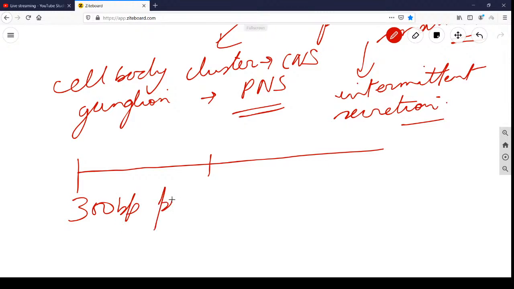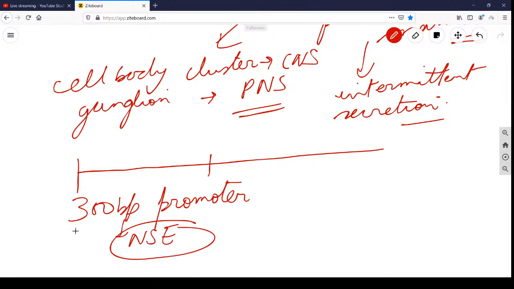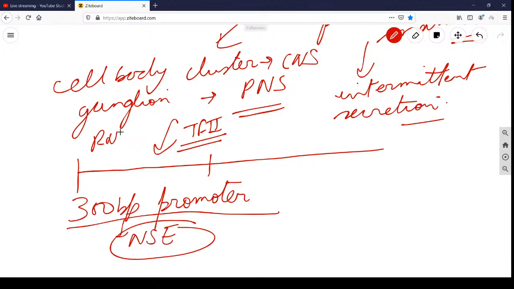That promoter is known as the neuron-specific enhancer. There is no need to know that, but you should know it has a big promoter to which transcription factors bind. Because it's a eukaryote, transcription factor 2, meaning specific for RNA polymerase 2, will bind and recruit RNA polymerase 2. Then the transcription of the GnRH gene will continue.